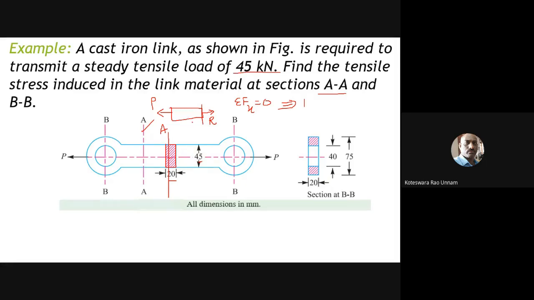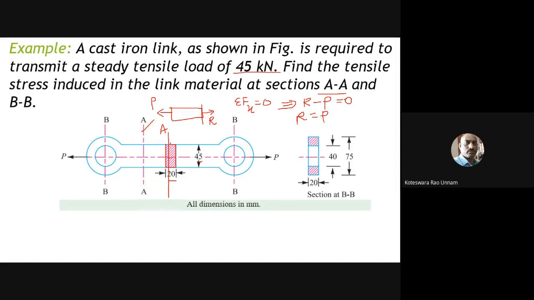Applying force equilibrium for this free body diagram, R is positive and P is negative. R minus P equal to 0. This is the equation I am going to get. From this, R is equal to P only.